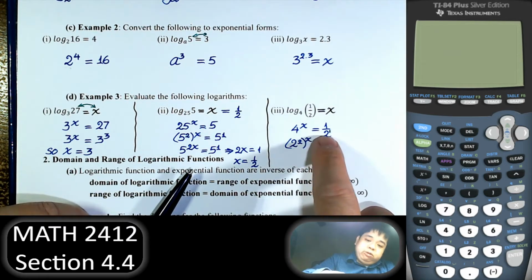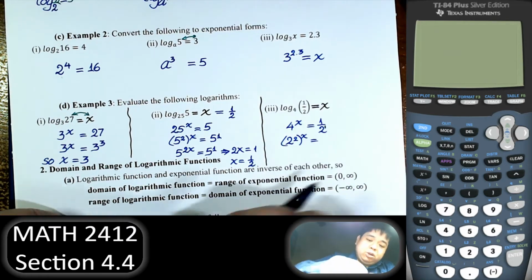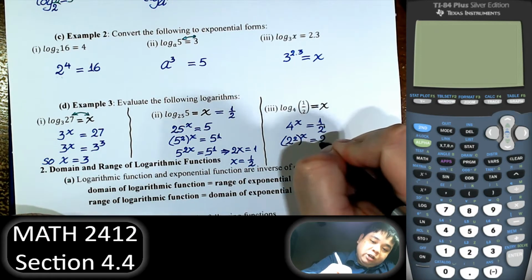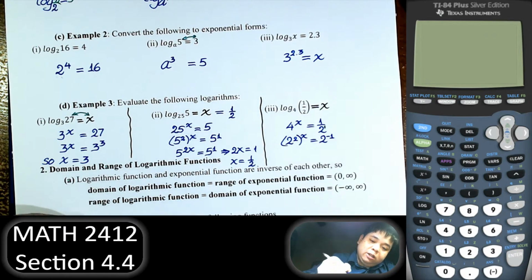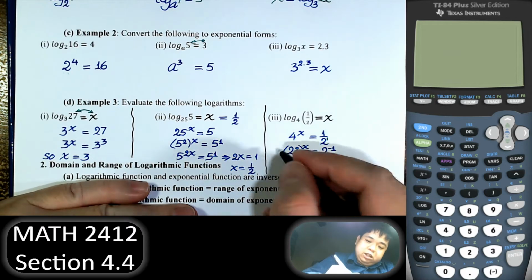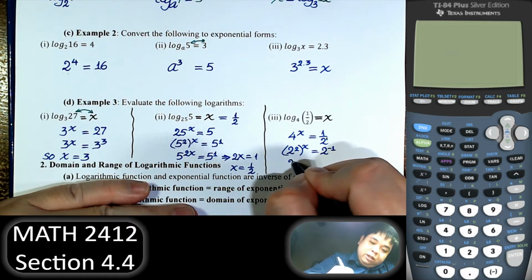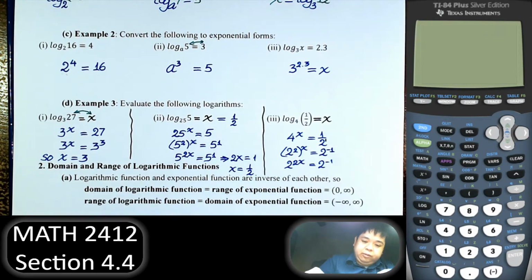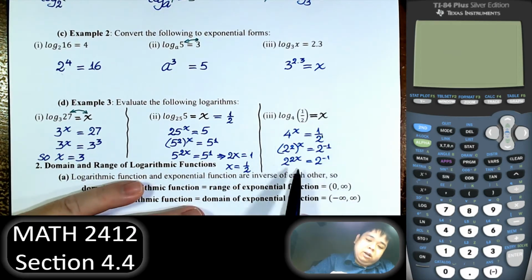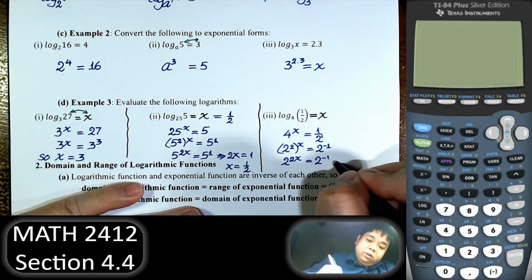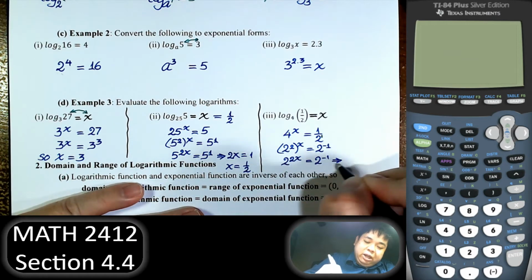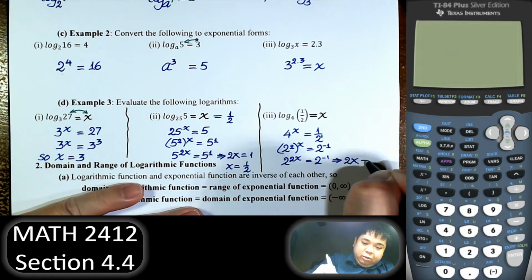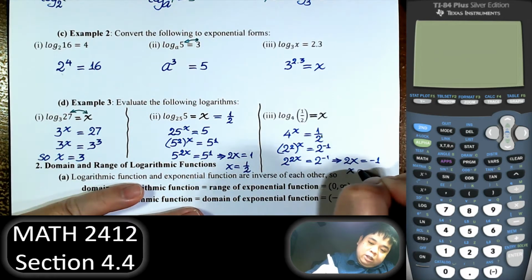Now move 2 to the first power from the bottom to the top, cross the line, change the sign, and now we multiply the exponents here. Now two things are equal, the bases are equal, so the exponents will be equal, so we have 2x equal to -1. So x is equal to -1/2.